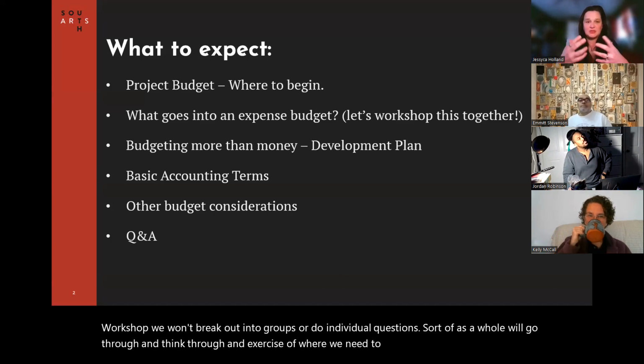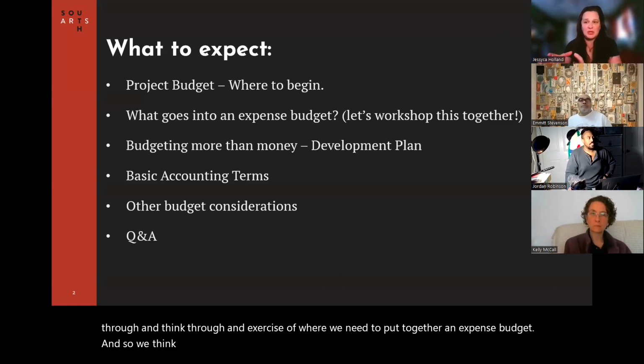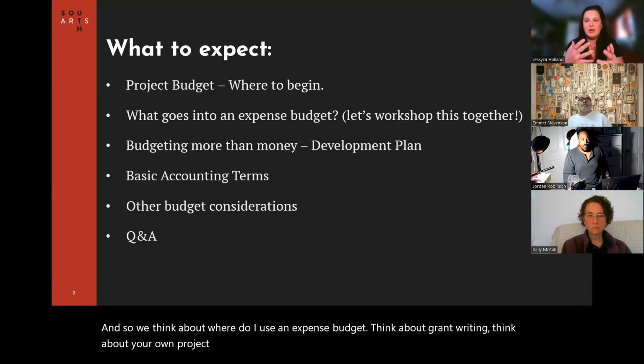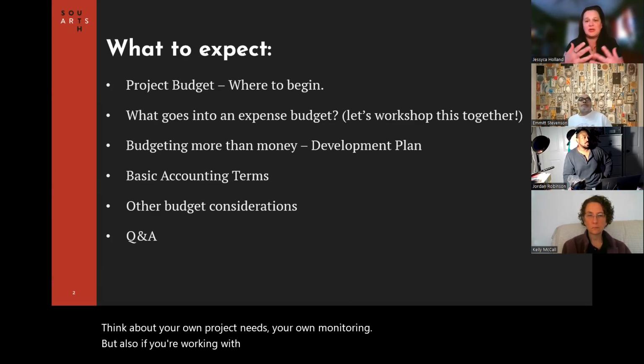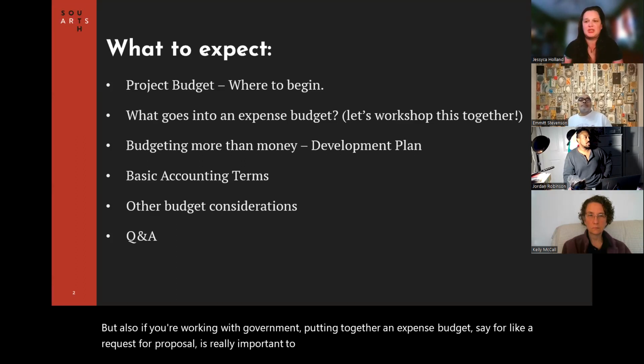Where do I use an expense budget? Think about grant writing, your own project needs, your own monitoring, but also if you're working with government, putting together an expense budget for something like a request for proposal is really important. You want to make sure that it's truthful, clear and concise, and complete.